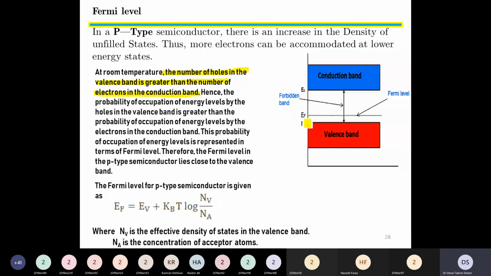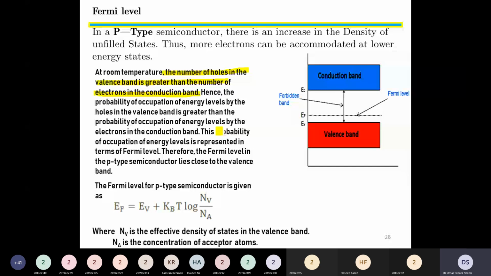Because there are more vacancies in the valence band, the chances of occupation of vacancies in the valence band are greater; the holes lying in the valence band have a higher probability of being occupied first.